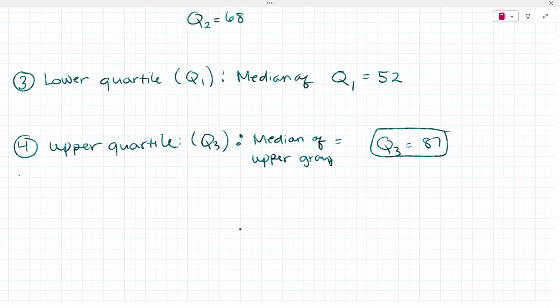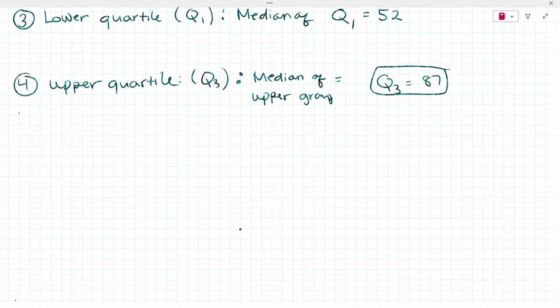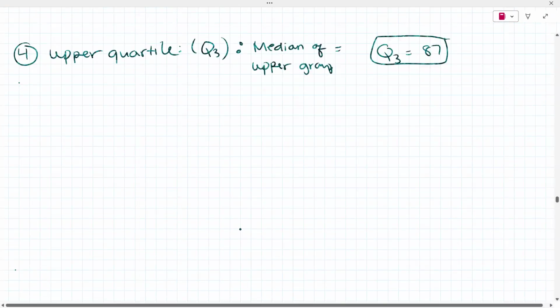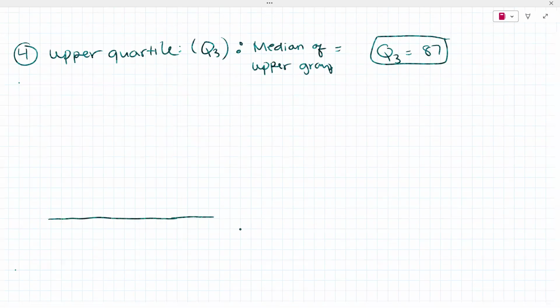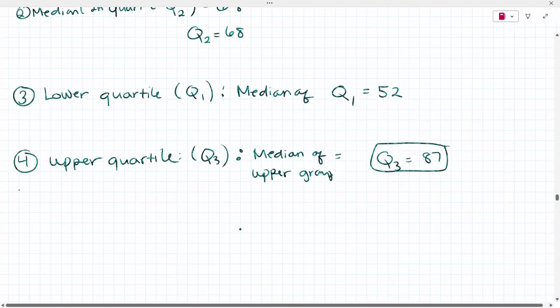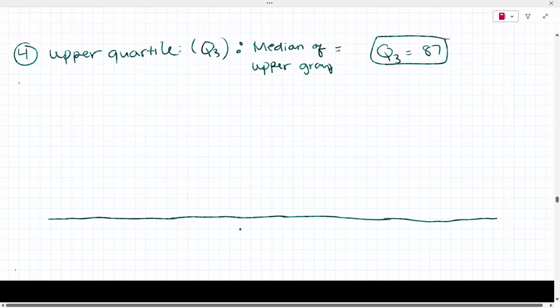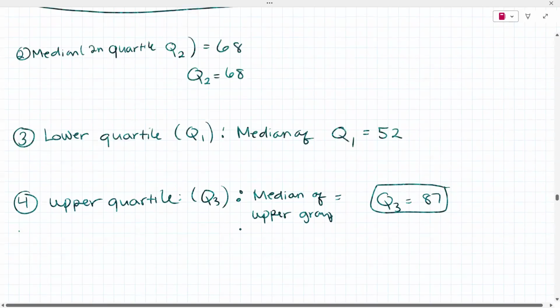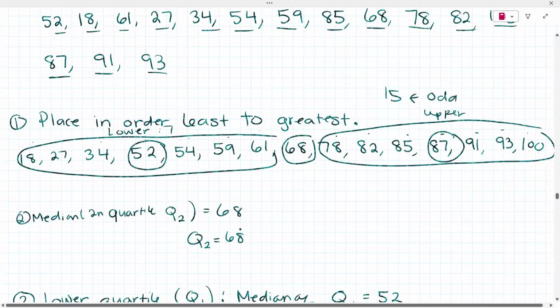Okay, we need all that to create a box and whisker. This is how I would create it. So what was our minimum? 18. And then our quartile 1, our Q1.